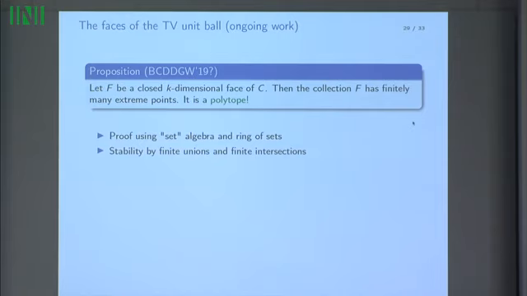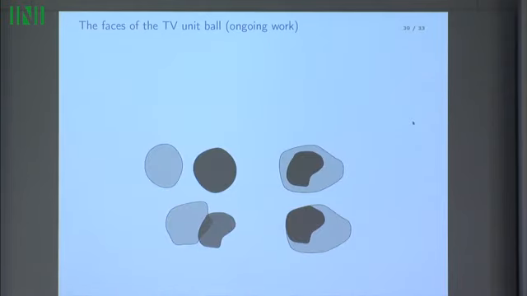I don't know if you're interested, but we were. Also, we wanted to characterize the one-dimensional faces of the total gradient variation. We know that the extreme points are indicator functions of simple sets.